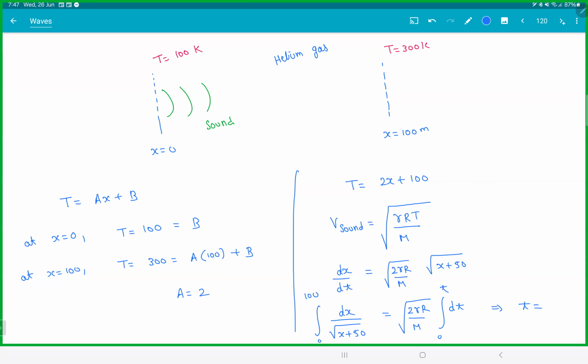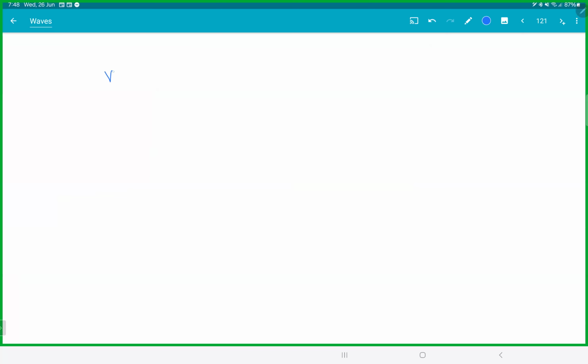But there's a better way. Let me show you this. I'll turn the page again. So velocity of sound, you got root over gamma r by m. You got 2x plus 100. Square it on both sides.